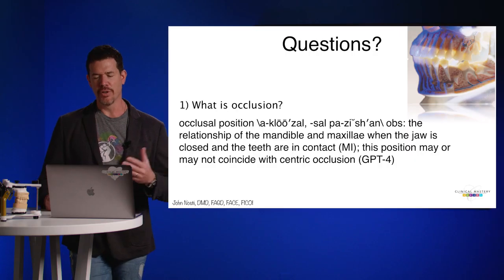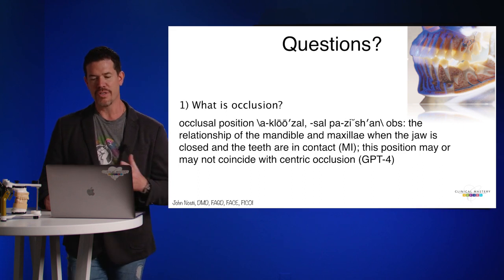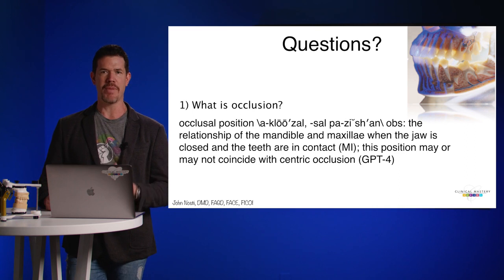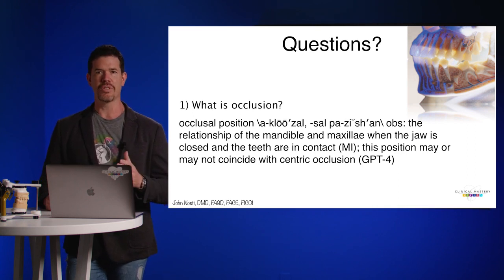So first, the first question we had is, what is occlusion? And if we look at the definition of occlusion, we go back to dental school, we understand that occlusion is the relationship between the mandible and the maxilla when the jaw is closed and the teeth are in contact. This is called maximum intercuspation.